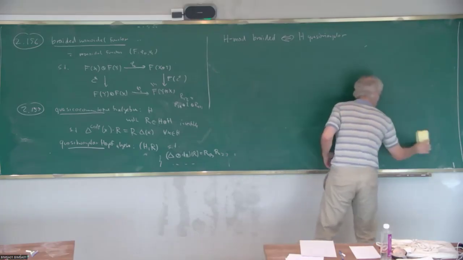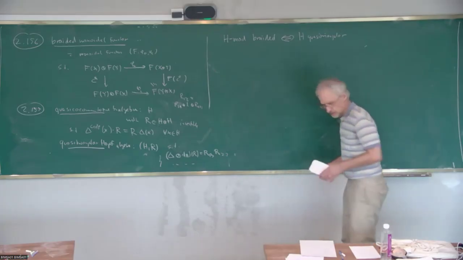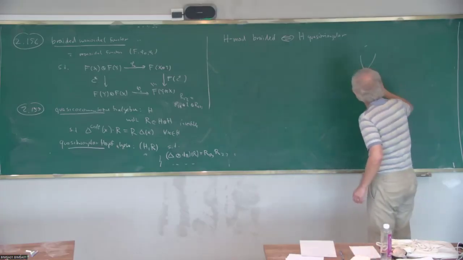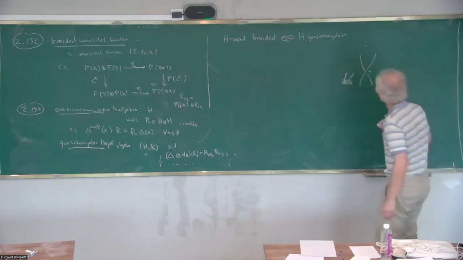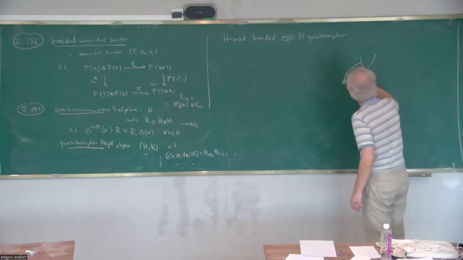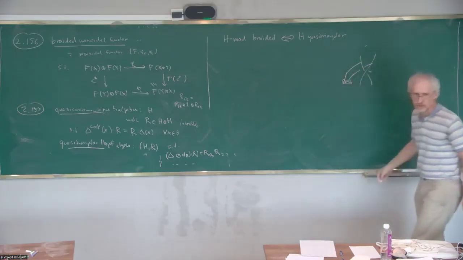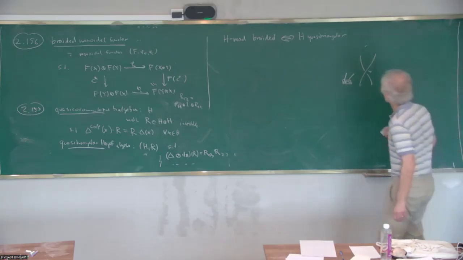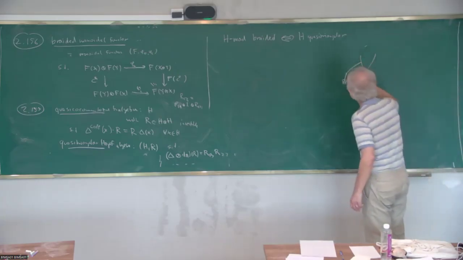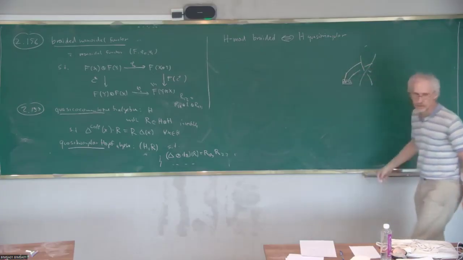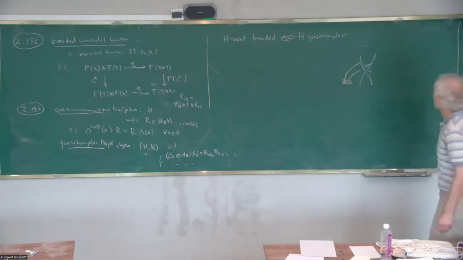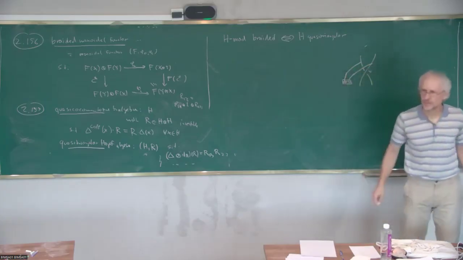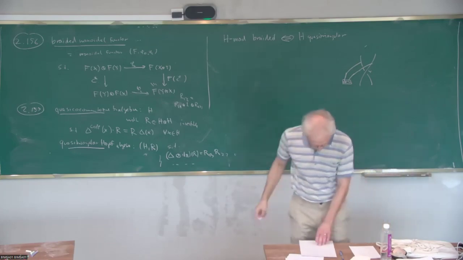And given an R matrix, you can get a braiding. That's easy. It goes as follows. You take the flip map. The R matrix is an element in H times H, so you can regard this as a morphism from the field. So two copies of H, and with one of them you act here, and with the other one there. And in this case, it works out the correct way.